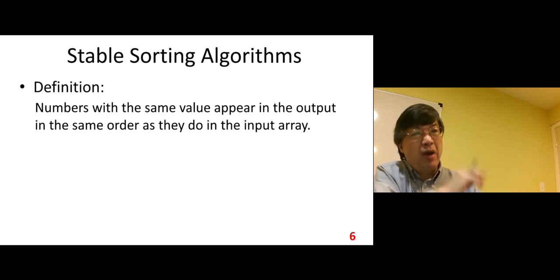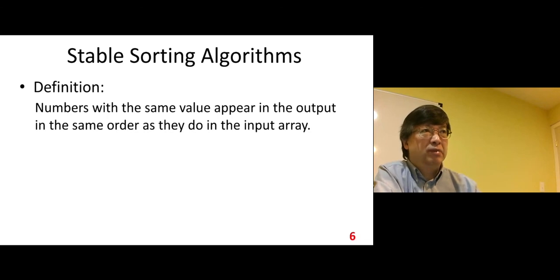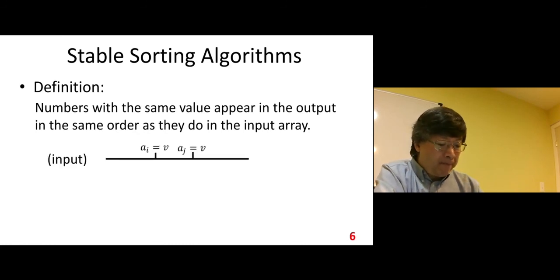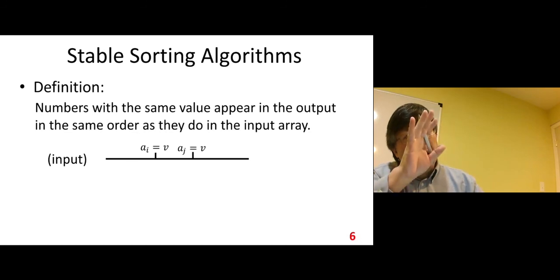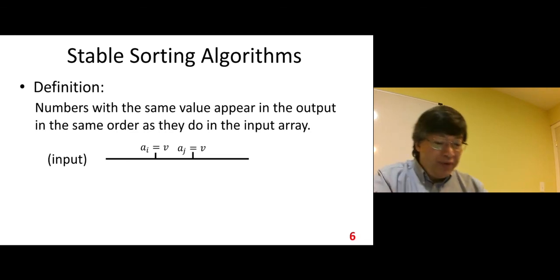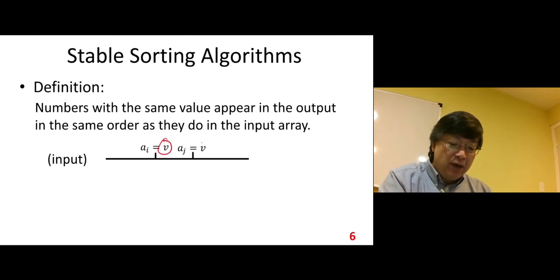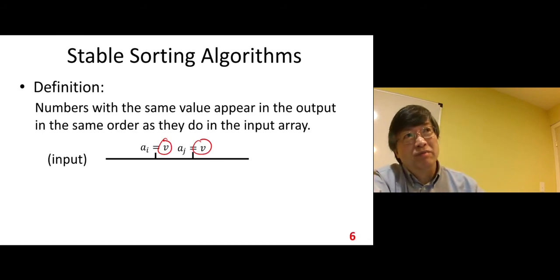Let me use a diagram to explain it, otherwise you may not get a clear understanding. Suppose the input is like this. We look at 2 elements, arbitrary, with the same value. Here, the same value is important.